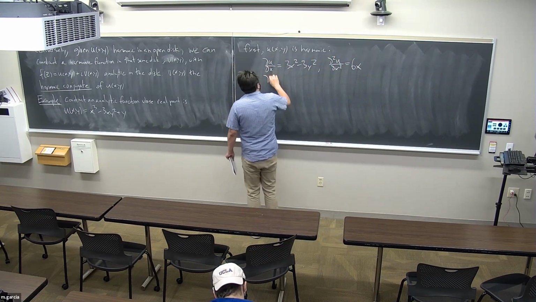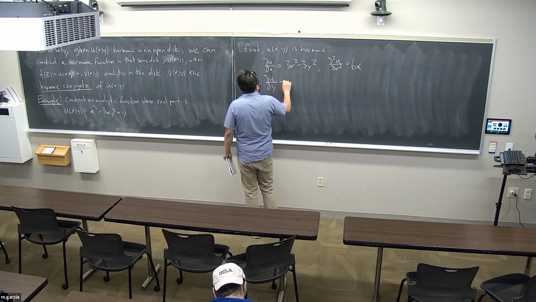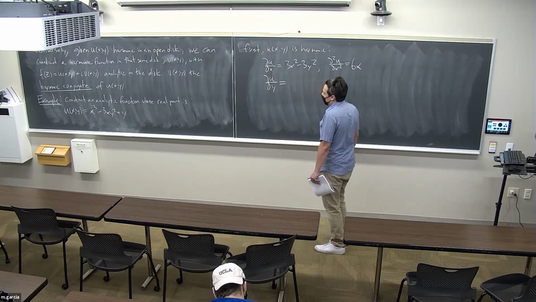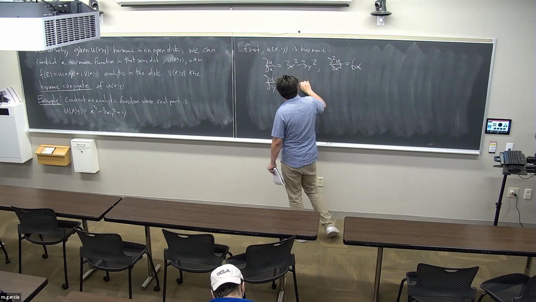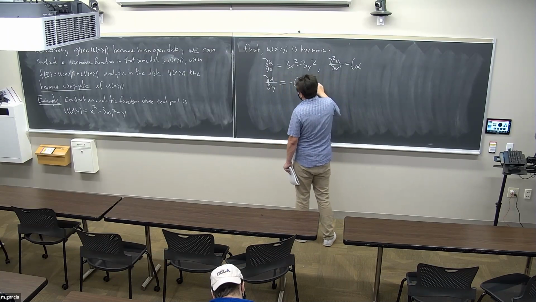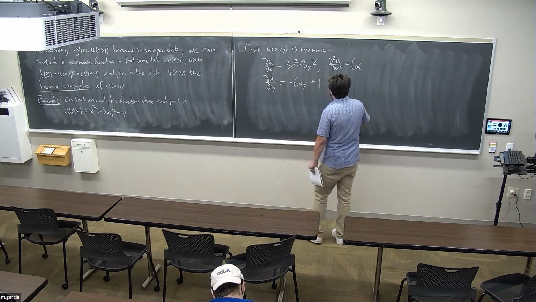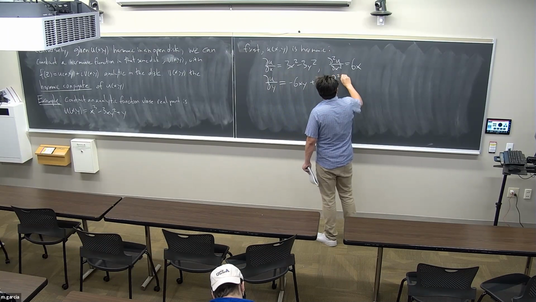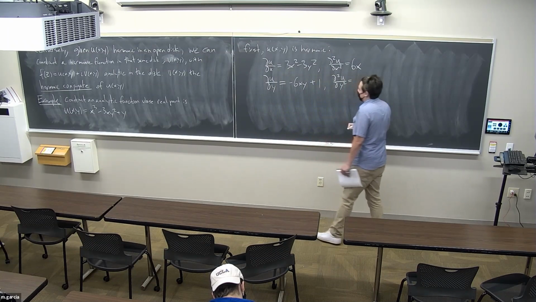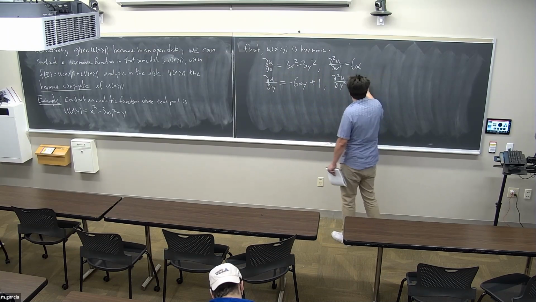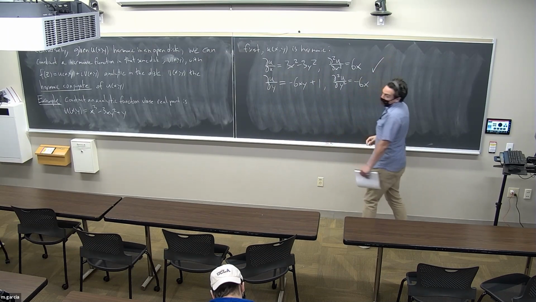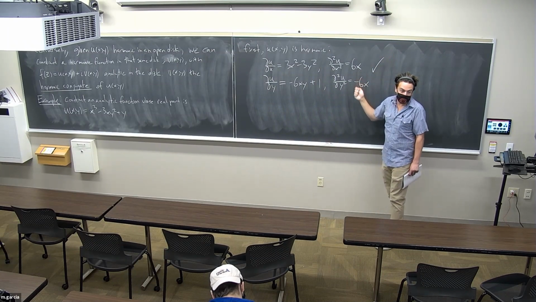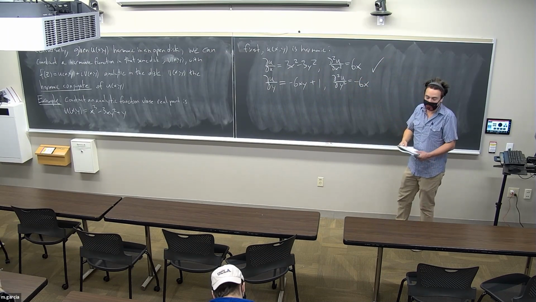How about the first derivative of u with respect to y? Negative 6xy plus 1. Good. And now the second partial of u with respect to y? Negative 6x. So you see here that the second partials just differ by a sign. So that satisfies the Laplace equation.